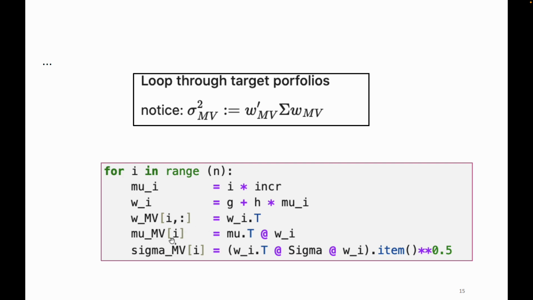Good. Now here I have mu mv, that's an n times 1 array, so therefore I simply call element I, which is 0, so it's the first element in the vector, and that should be a scalar, so here I take mu transpose times wi.